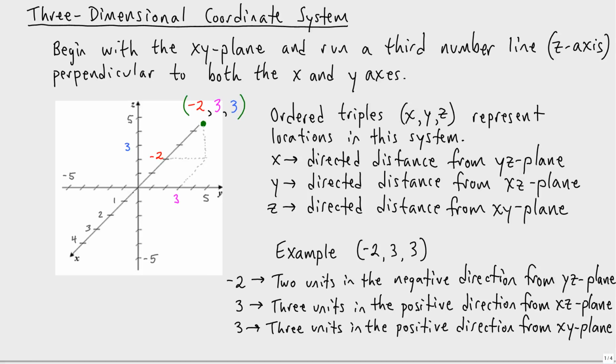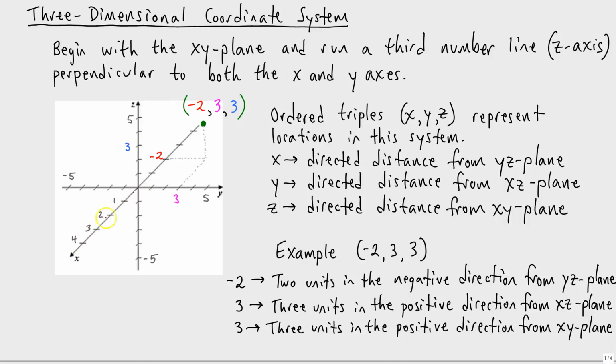Instead of just having the x and y axis meet at a right angle, we're going to have a third axis, typically called the z-axis, perpendicular to both of those, so both the x and y axis. The way that I'll typically draw this is I'll have the x-y axis kind of laying flat like a table, and the z-axis will be going up through that table.